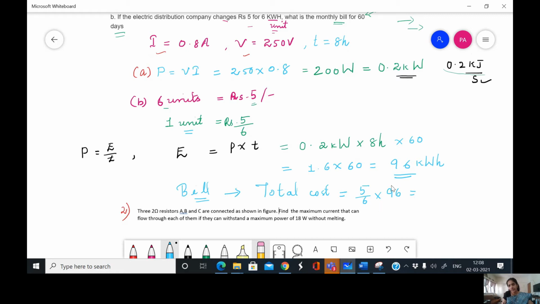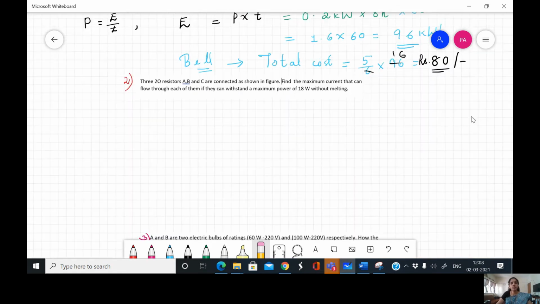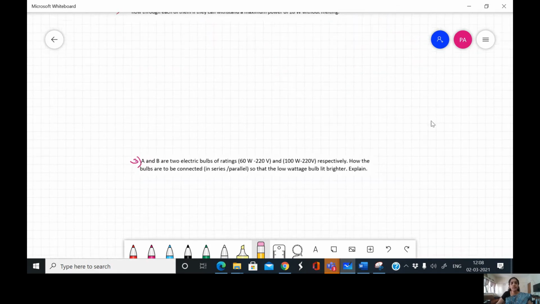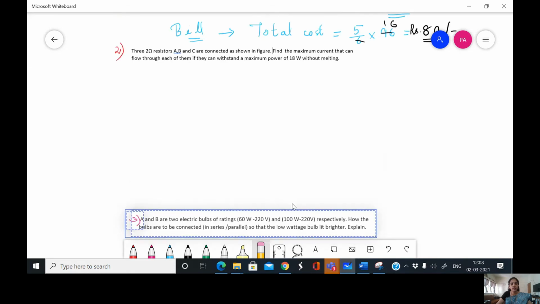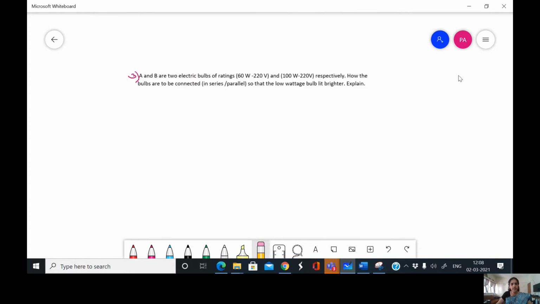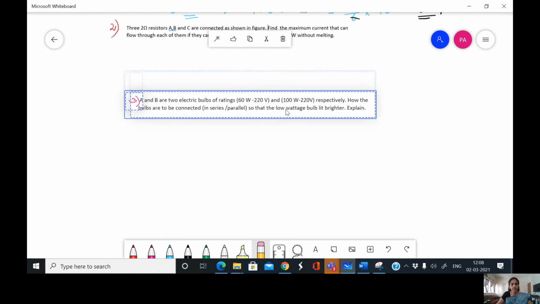When you cut this, it is coming 1, then 6 times, right? 16 5s are 80. So the answer comes 80 rupees. This is our electricity bill. I hope you understand this question. This type of question is frequently asked in exams. Okay, now let's move to the second question. Let me just shift this third one a little down. Then we will go to the second one.